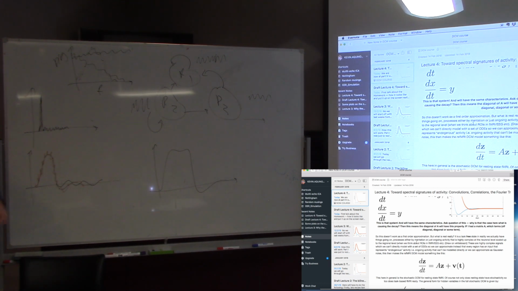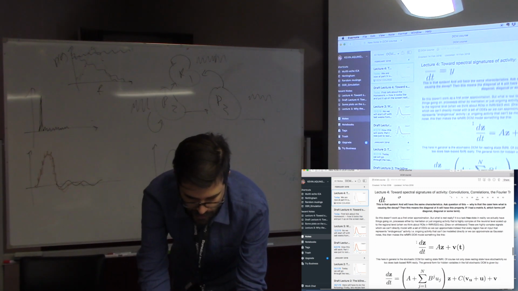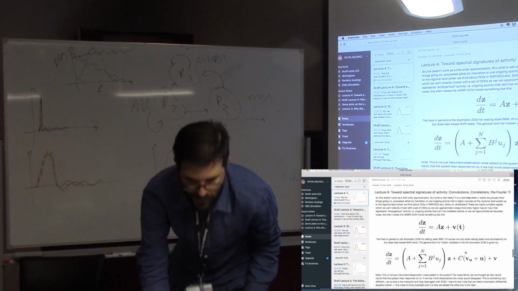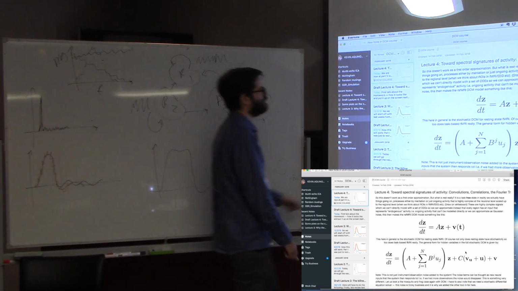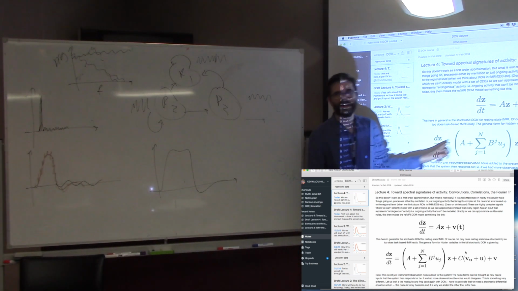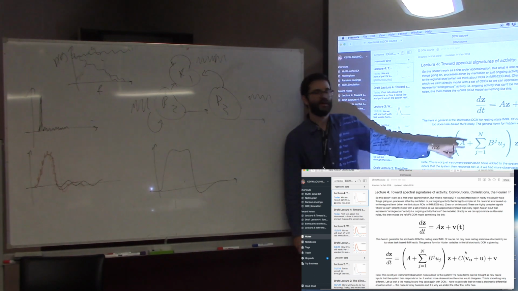So we'll go back to the bilinear model. You can also add this not just to resting state DCMs or resting state models, you can add it to the bilinear model. So here you have the bilinear model you will know and love. You have your C matrix there, and you have that U term there.